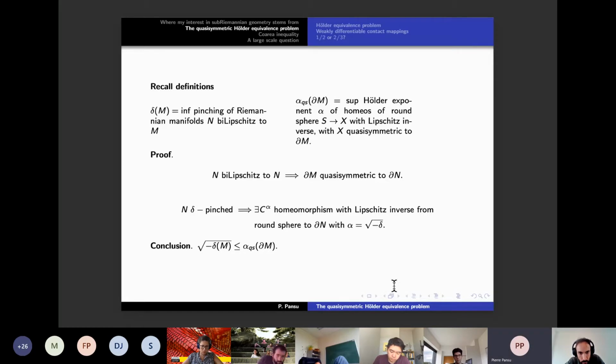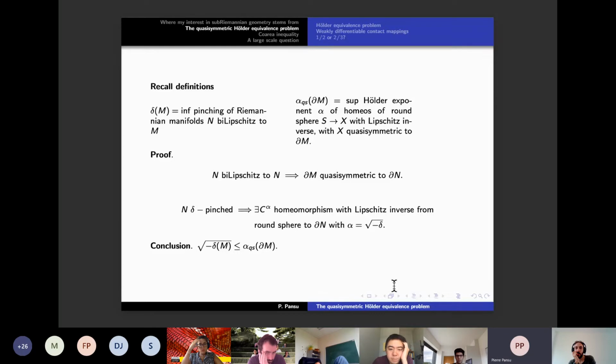And indeed, now imagine, oh, there is a typo. That M is a Riemannian manifold which is bi-Lipschitz to N, another Riemannian manifold, both of them negatively curved. Then this produces a quasi-symmetric homeomorphism between boundaries.